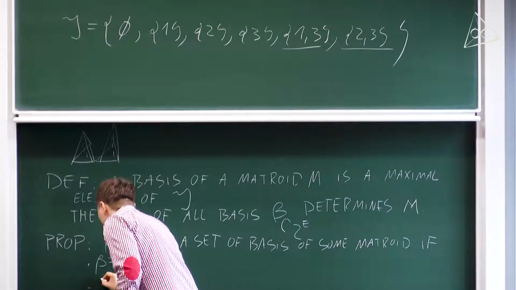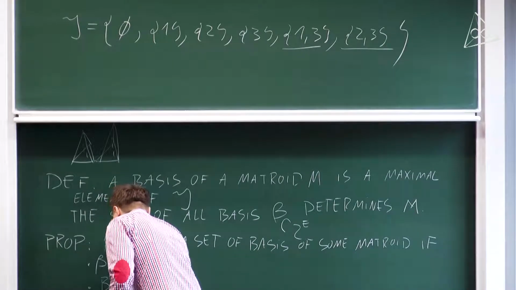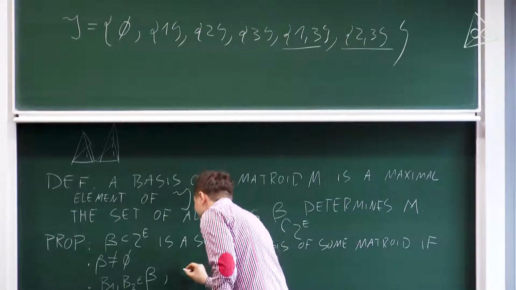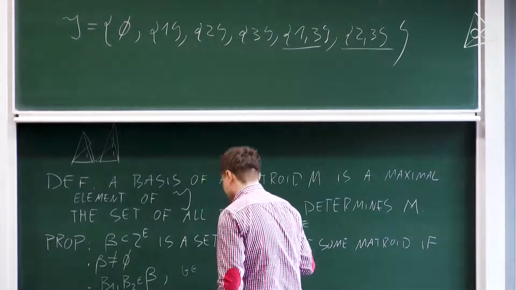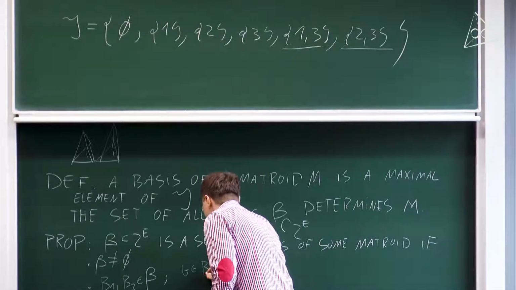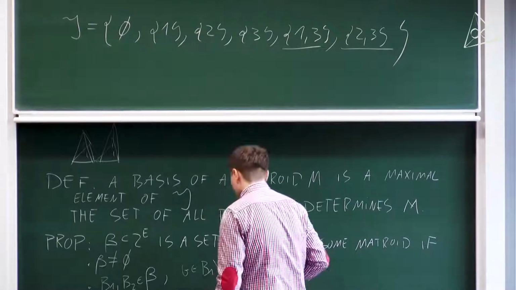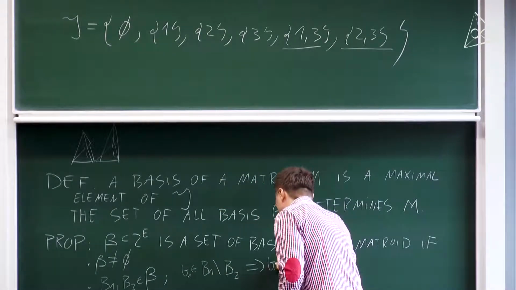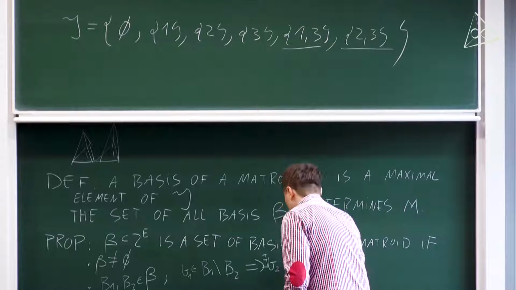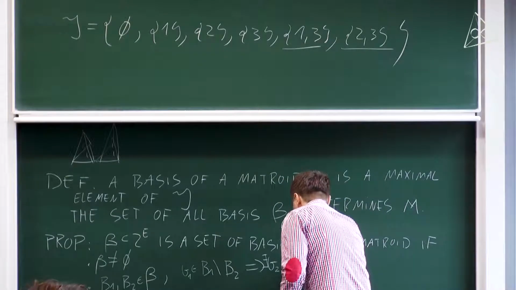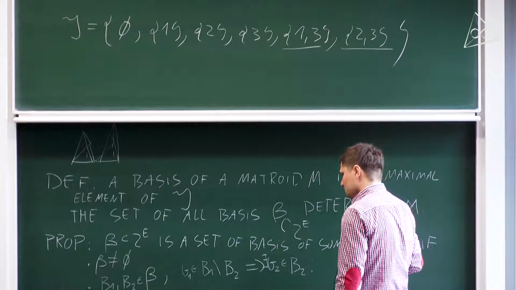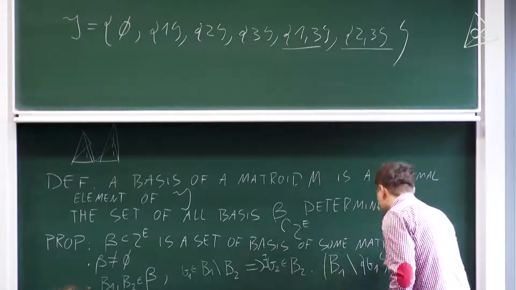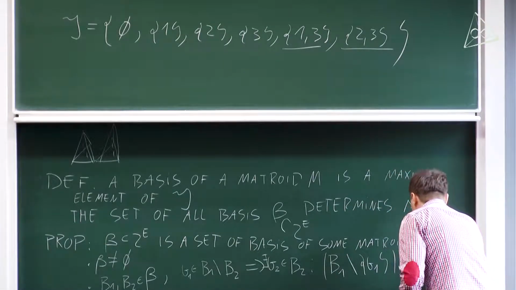If we have 2 elements in B, B1 and B2, and if we take an element that belongs to B1 but not to B2, then there exists an element in B2 such that if we subtract from B1 the first element and add the second, we get a basis.